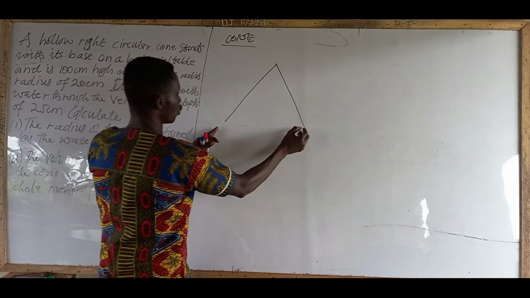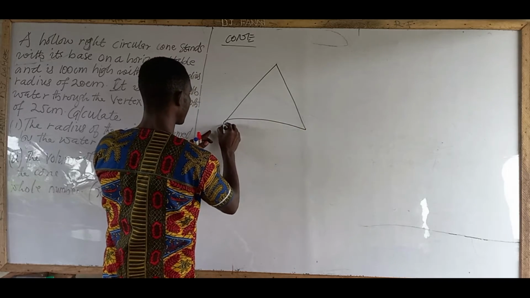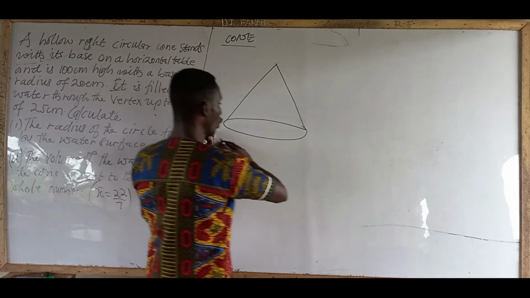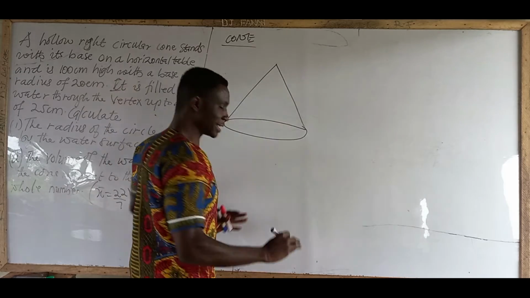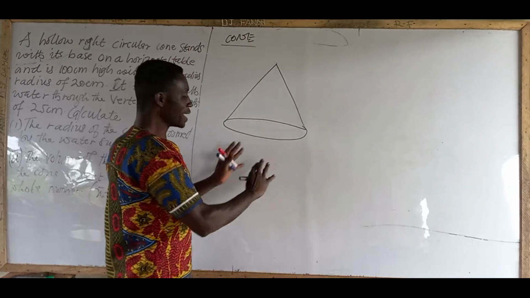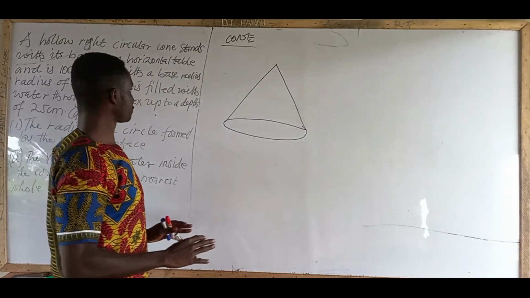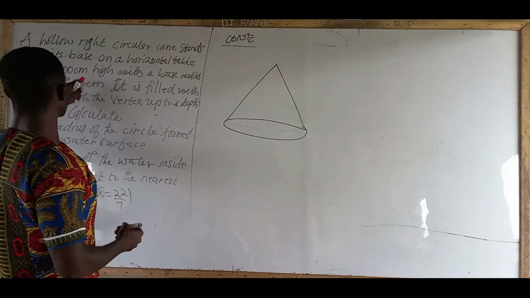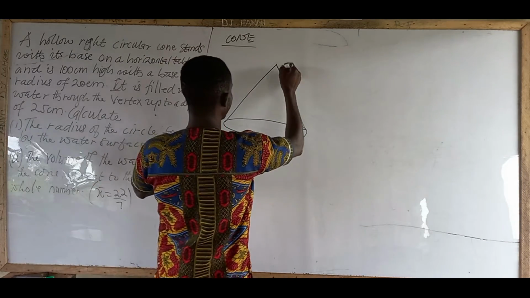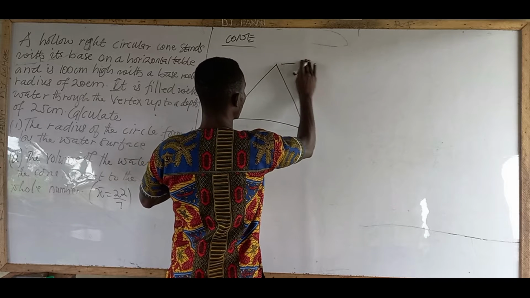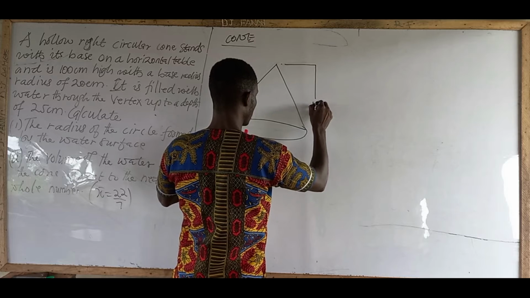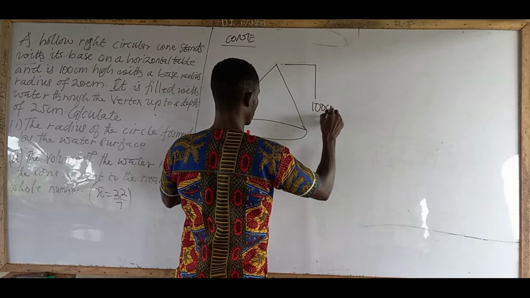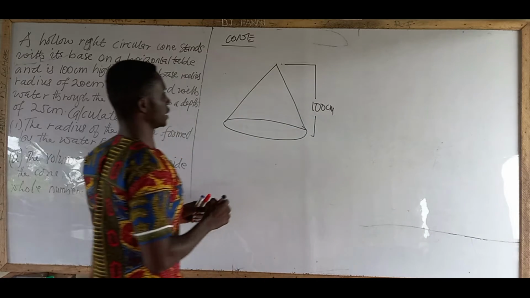This is the cone with the base on a table. So let's say a table is there and this cone is sitting with its base comfortably on the table. And we are told that it is 100 centimeters high. So the height of the cone is 100 centimeters.